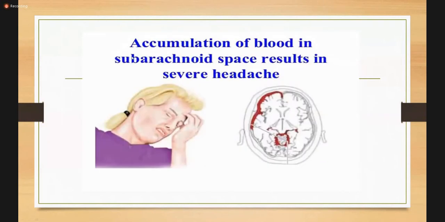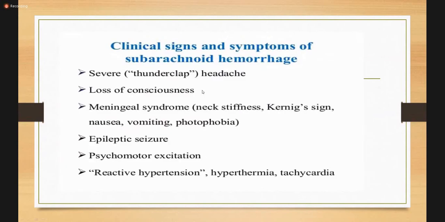The most common presentation of subarachnoid hemorrhage is a severe headache, a severe thunderclap headache, along with meningeal signs like neck stiffness, nausea, vomiting, and photophobia. The patient may have loss of consciousness, and epileptic seizures can occur.